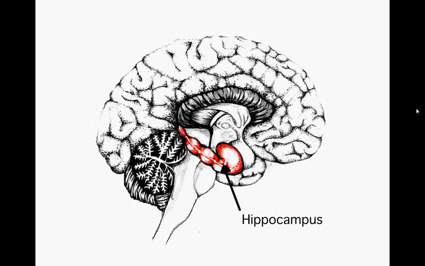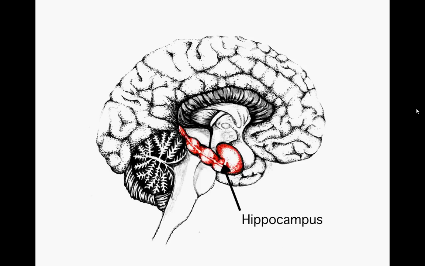We learn in context. So recent memories have significant detail, and they depend on the hippocampus. Older memories have fewer details, and they are less reliant on the hippocampus. Recalling recent memories activates the hippocampus. However, recalling older memories may not require the hippocampus involvement at all.